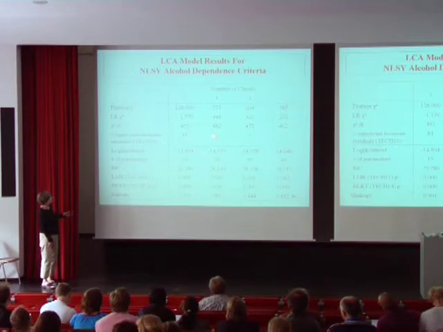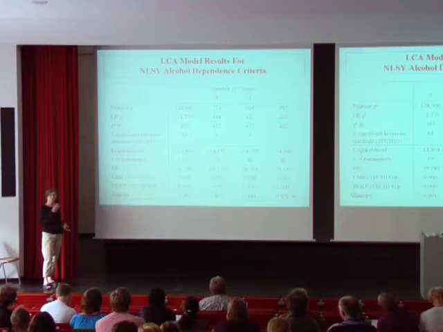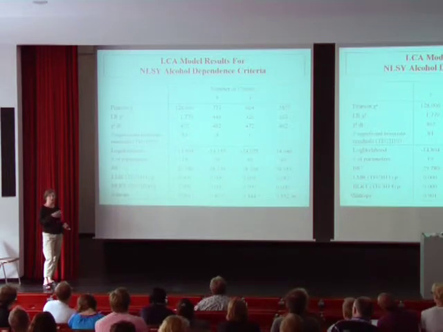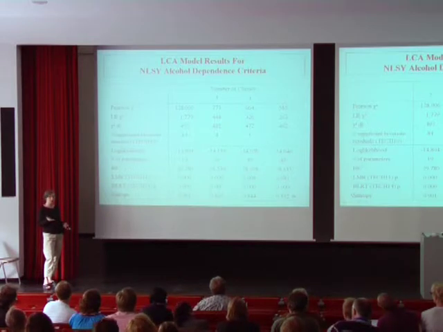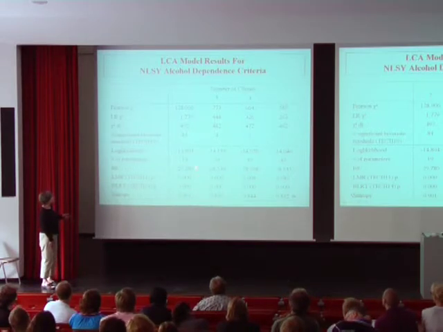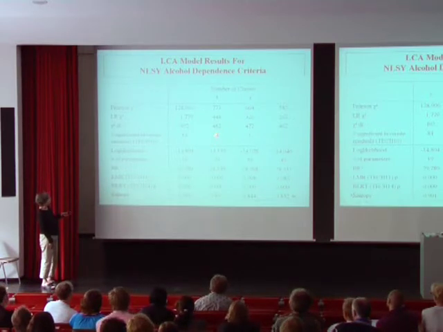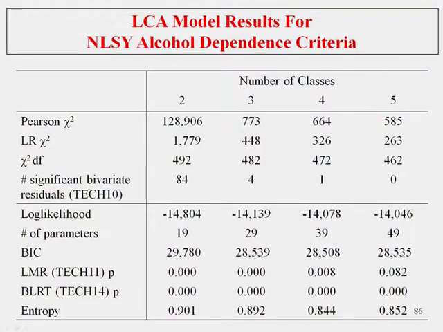For 3 classes, 4. For 4 classes, 1. Now, you have to remember the 1.96 really needs to be made larger to take into account that we're doing many tests, not just a single test, like a Bonferroni correction type thing. So we probably wouldn't have as many here, or we would have more here based on that. But basically, I would think this points to the 3-class solution, looking at Tech 10.